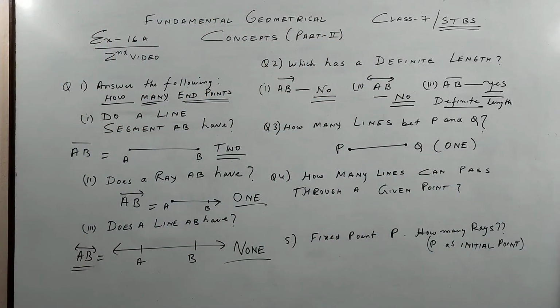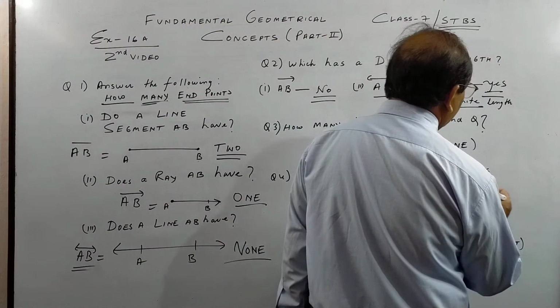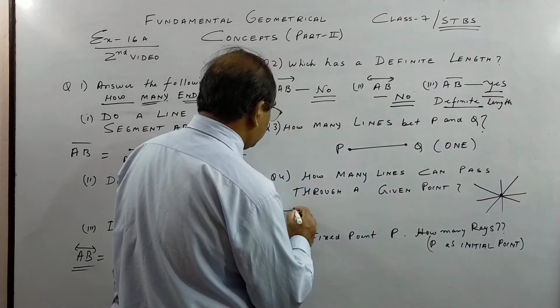How many lines can pass through a given point? Suppose you have a point. How many lines?